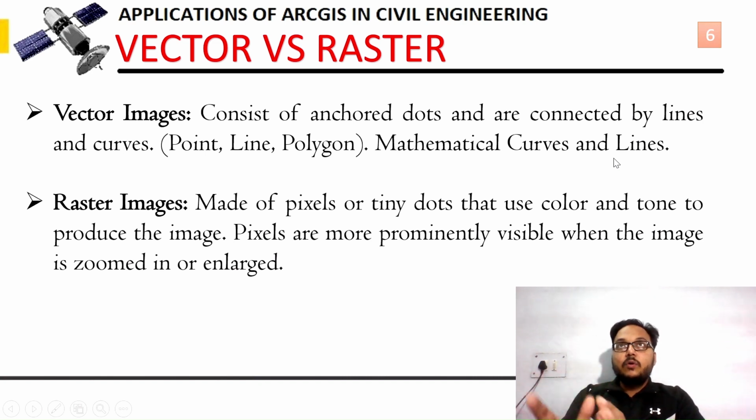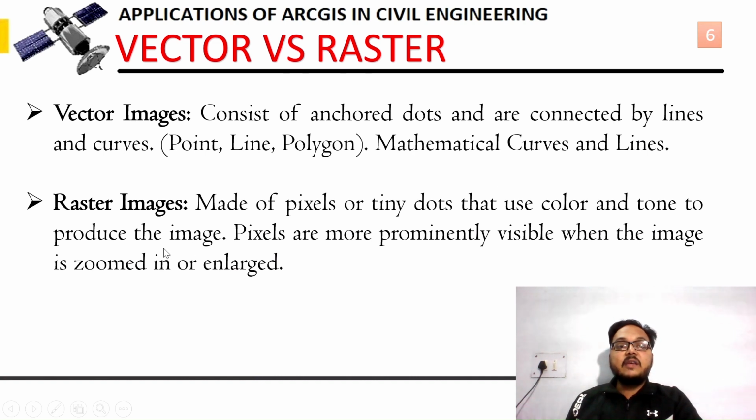So whatever image we can make with the help of simple drawing of points, lines and polygons, and anchoring them, like drawing some dots and anchoring them with lines, we thus get a system of dots, lines and polygons. This is basically a vector image.